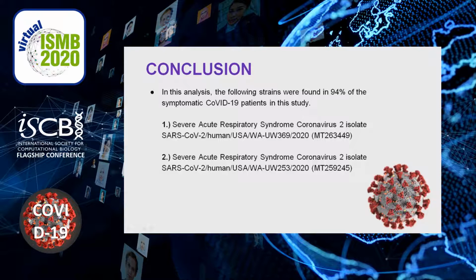And the second strain is severe acute respiratory syndrome coronavirus 2 isolate with the accession ID MT259245.